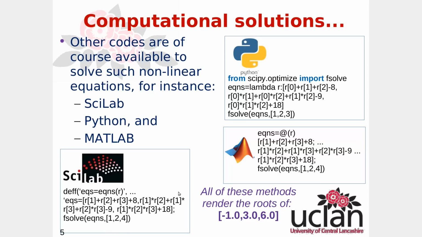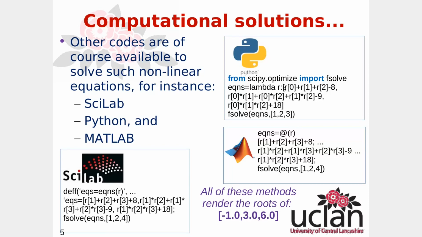In Python, very, very similar. We would need, first of all, from SciPy, more about that later, the scientific Python optimize library, to import the fsolve from that particular library before we use it. Then we set up equations as what is known as a lambda, which is analogous to the define, an inline function.